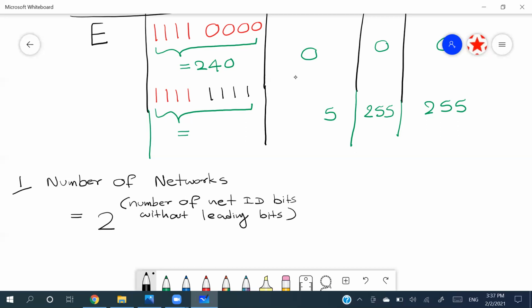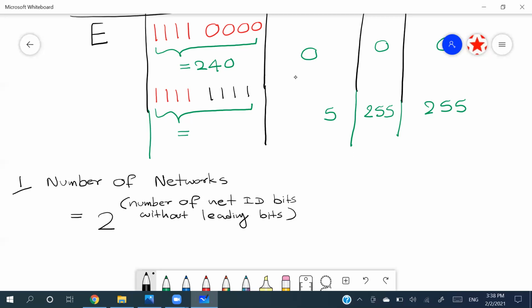So if you are given an IP address and asked how many networks of this kind can be made, you determine the number of bits in the net ID.